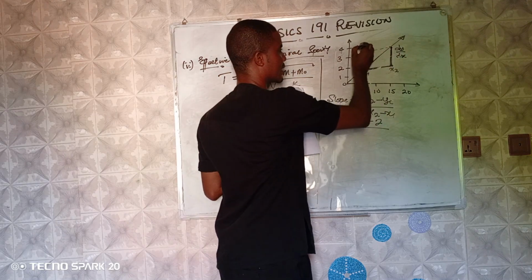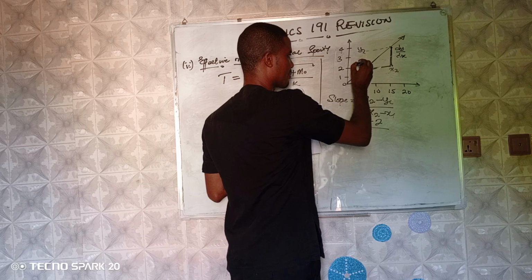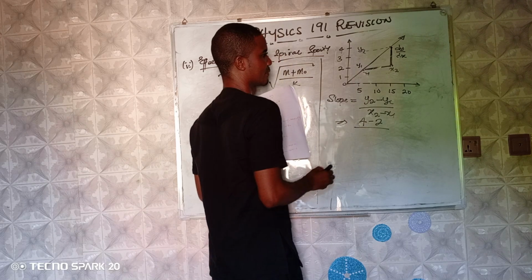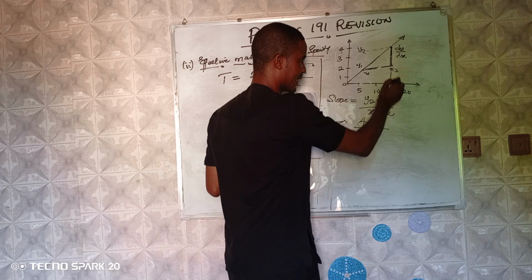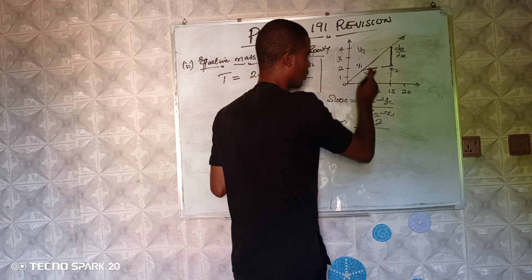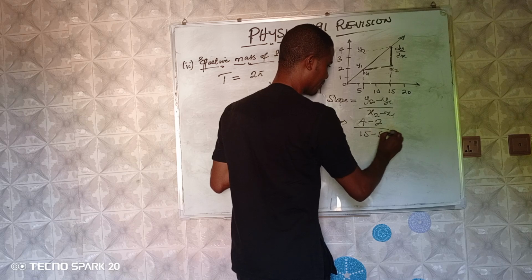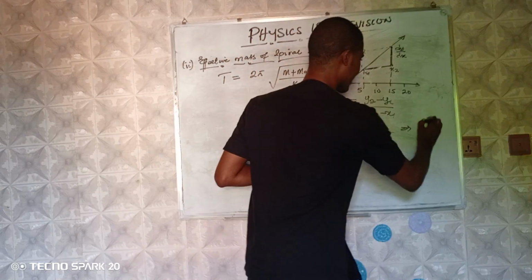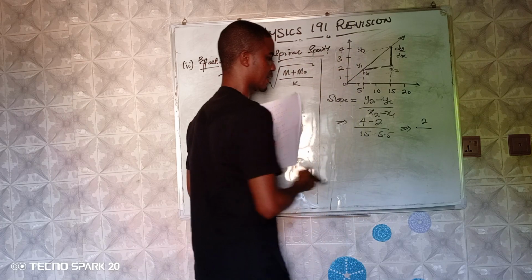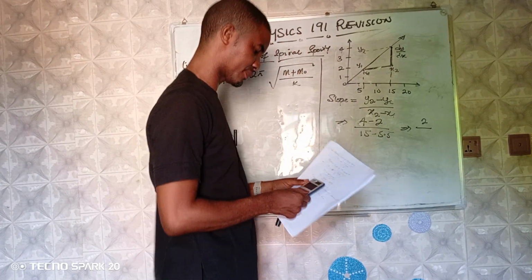This one is my y2, while this place that they join is my y1. Now, my x2, if you trace it down, is 15. While my x1, if you trace it down, is not like minus 5.5, let's just say. Then if you do this, you will now have 2 over 15 minus 5.5.